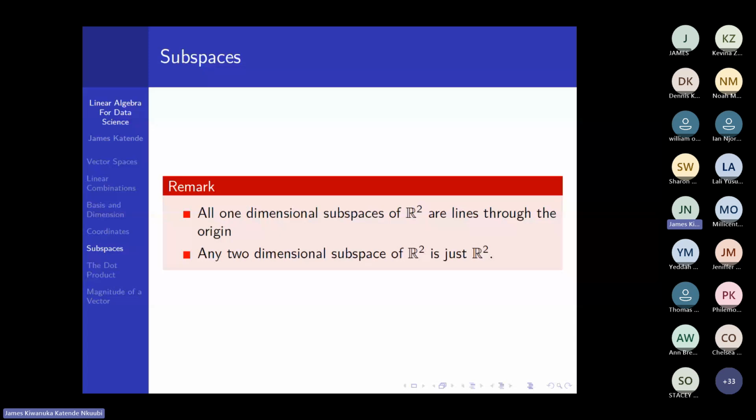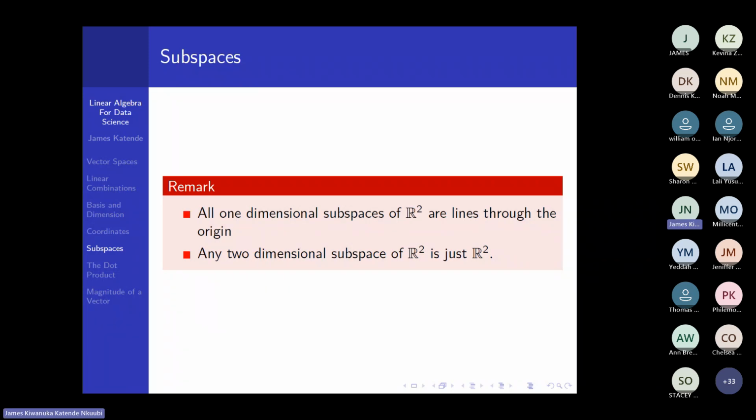If it doesn't pass through the origin, then it fails to be a subspace. Any line that does not pass through the origin will fail to be a subspace. And if for some reason you get any two-dimensional subspace of R2, then it must be the whole of R2.